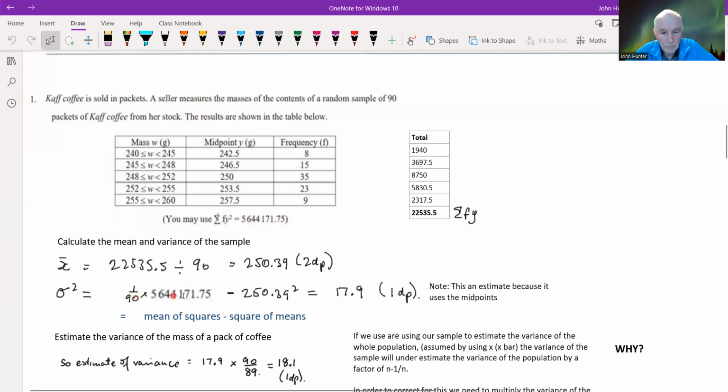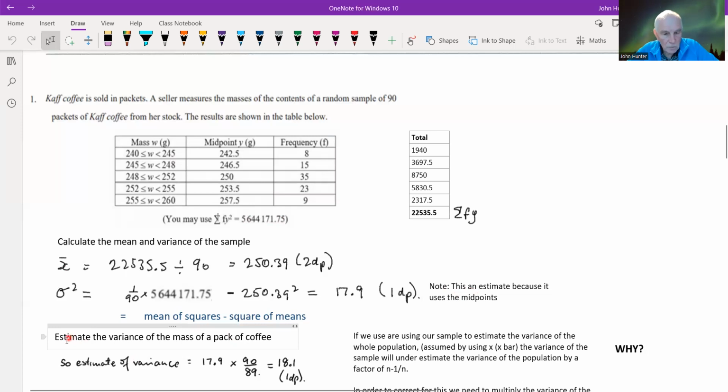So the mean of the squares, that's what that is, minus the square of the mean, which we've just calculated here. Work that through, that's 17.9 to 1 decimal place. Put a note on there saying it's an estimate because it uses these midpoints rather than the actual values.